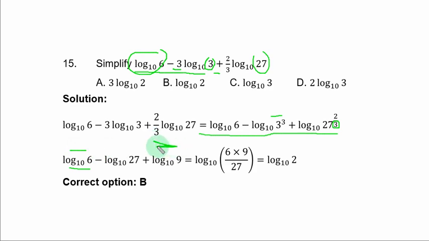That law implies multiplication of the numbers, so you have 6 times 9, and subtraction implies division, so you have over 27. You divide 9 and 27 by 9, 3 is remaining here. Here becomes 1. You divide 6 by 3, you have 2. So you have log 2 base 10.